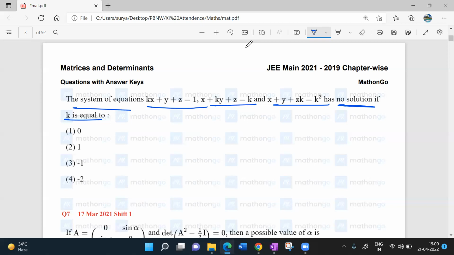What happened? Guys, make it fast. Quick. If a linear equation has no solution, k is equal to dash. Very simple. No solution is nothing but what?